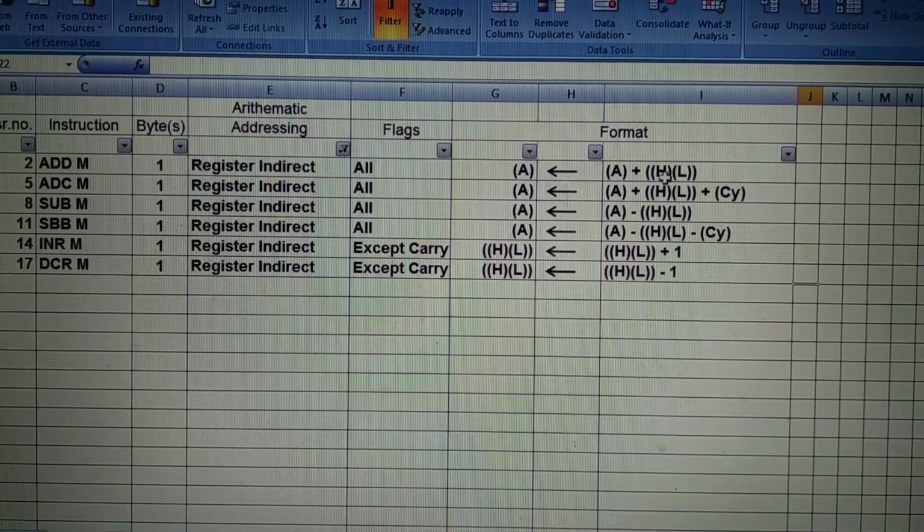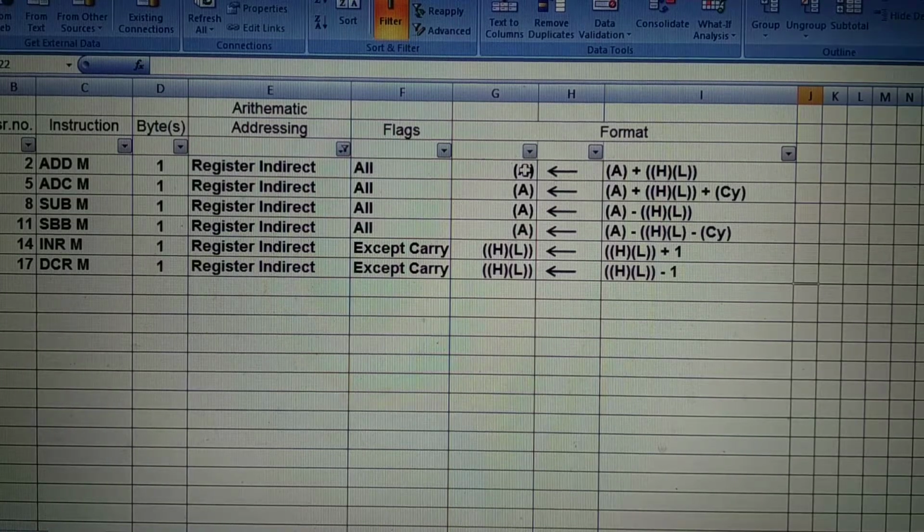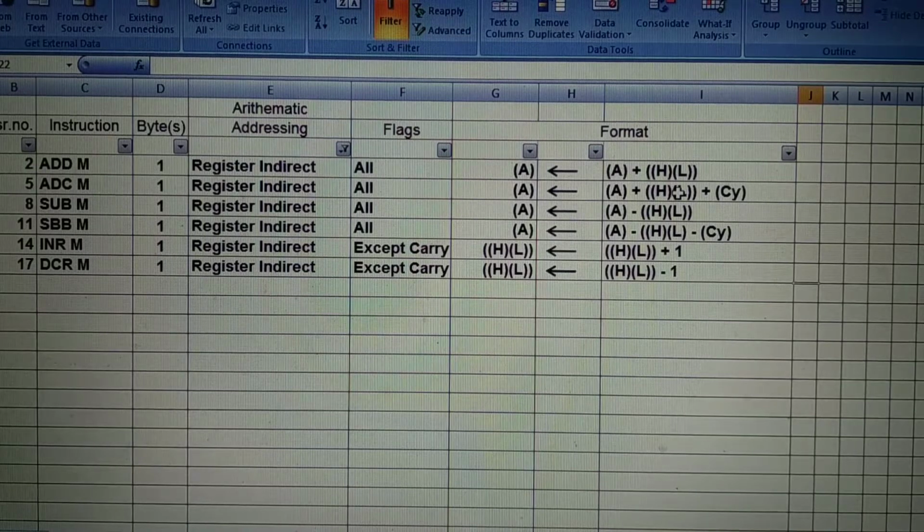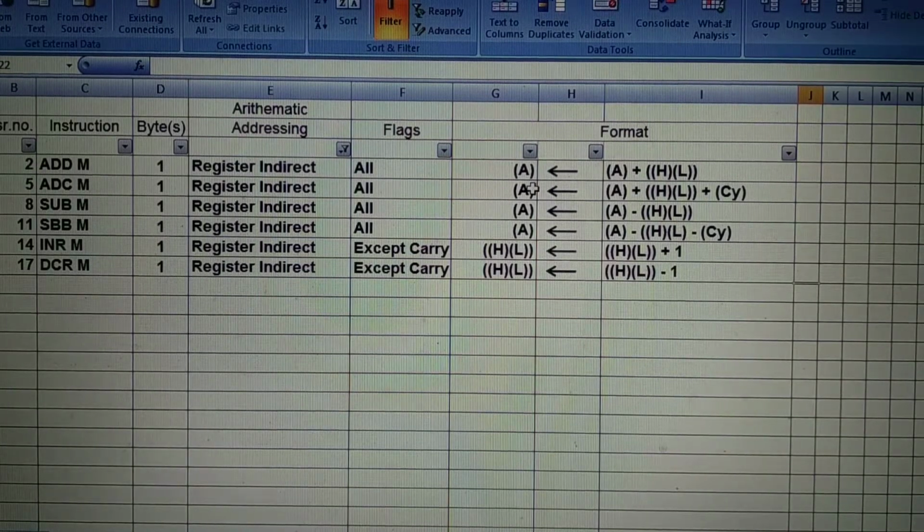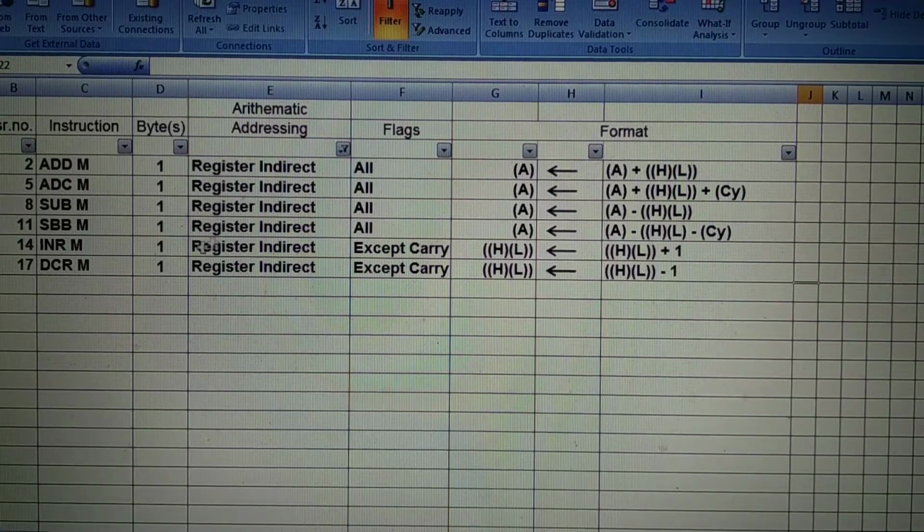ADD M, content of memory location added to accumulator, result is stored in accumulator. ADC M, content of memory location along with carry added to accumulator, result is stored in accumulator. SUB M, content of memory location subtracted from accumulator, result is stored in accumulator.